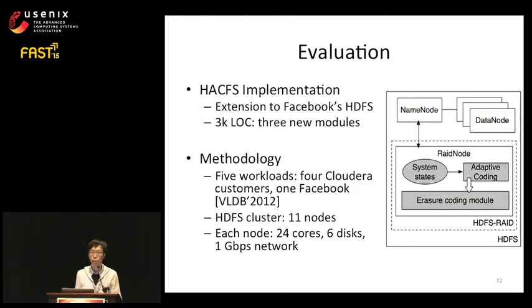One monitors the file system state, one applies the adaptive coding state machine, and one provides the coding support for product code and LRC. We evaluate our system with 5 workloads, 4 from Cloudera customers and 1 from Facebook. We set up a cluster of 11 nodes for our experiments.